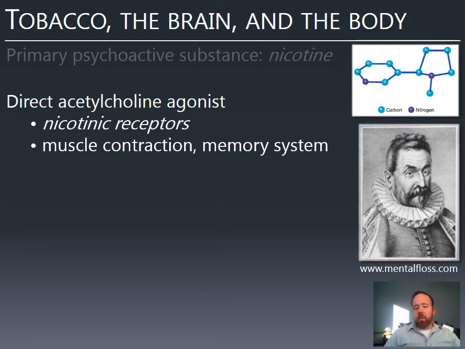So acetylcholine is used for muscle contraction, but it's also used in the brain, particularly for memory. There are a lot of acetylcholine neurons in areas like the hippocampus that are most involved in memory. And we'll get back to the importance of that. But those are a couple of the effects of acetylcholine. There are others.